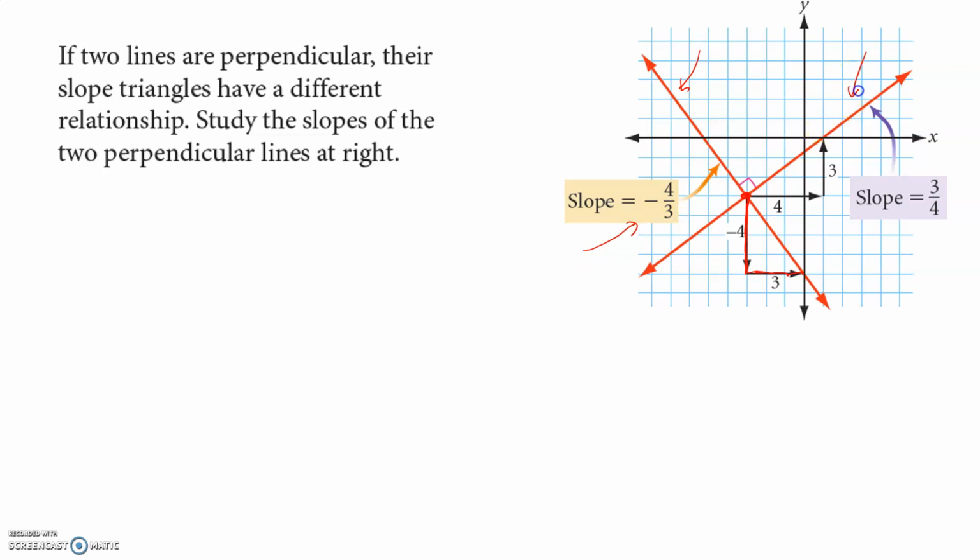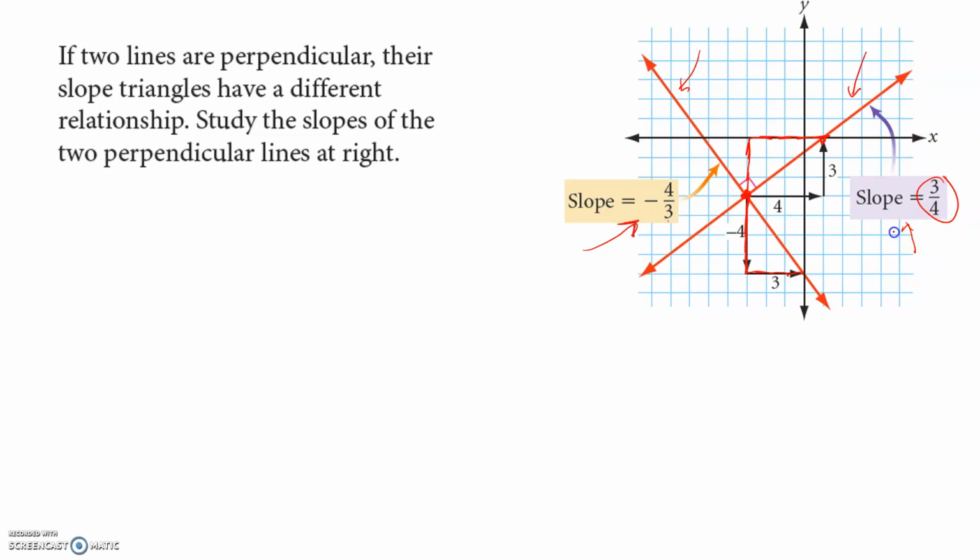This line here is perpendicular to it, and look what its slope is. To get from a left point to a right point, I'd have to rise up 3 and run 4, 3/4. So the lines are perpendicular, and look at their slopes. 4/3 flips to be 3/4. The fancy name for that is that they are reciprocals, flips of each other, and they also have opposite signs.